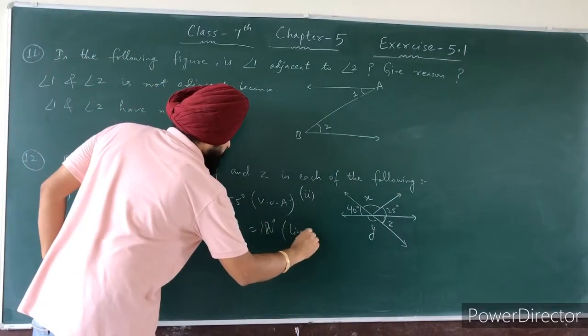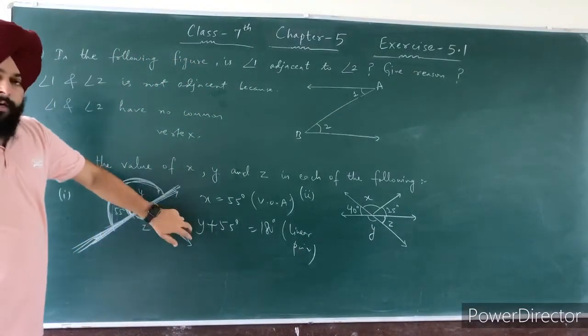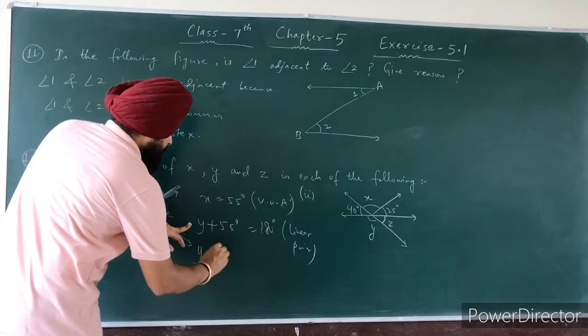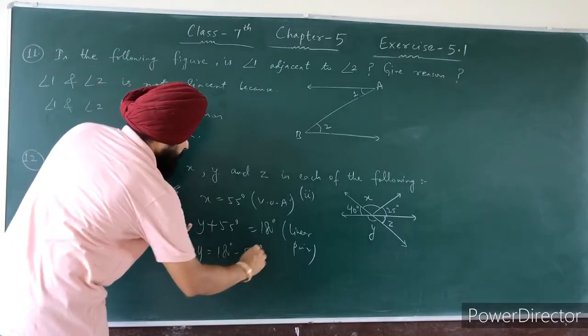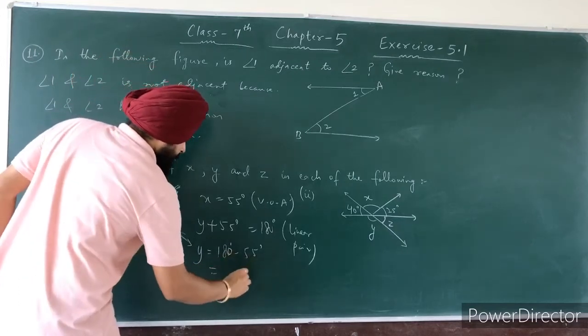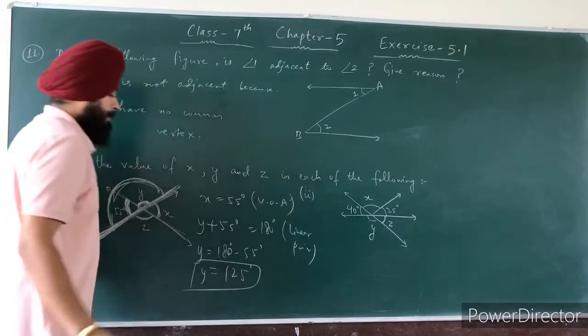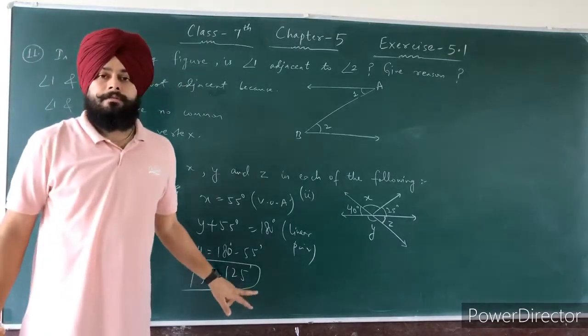So the reason is linear pair. Now from this you can find the value of y. y is 180 degree minus 55. So 180 minus 55 is how much? 125. So angle y is 125 degree.